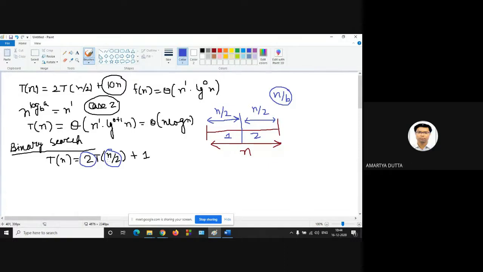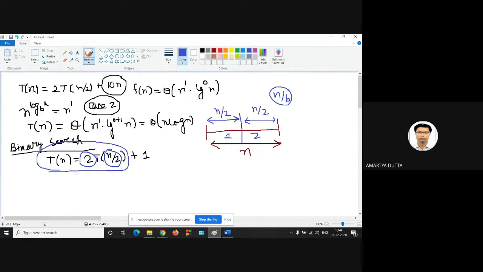And you have to recursively divide. That's why this is actually a recursive definition. Every time you have to divide your problem into two parts.